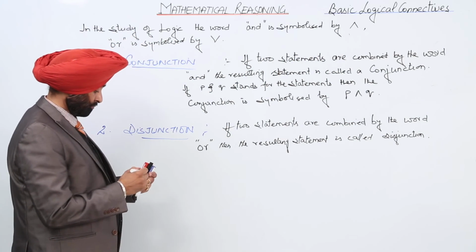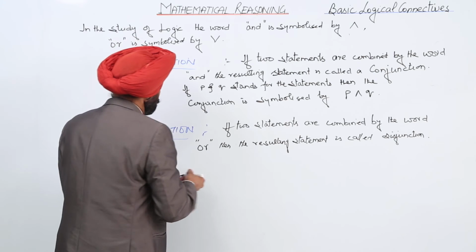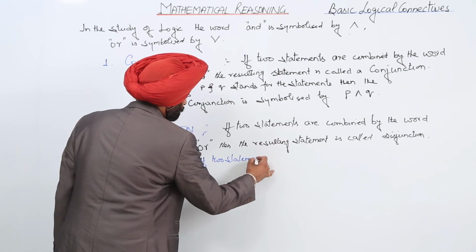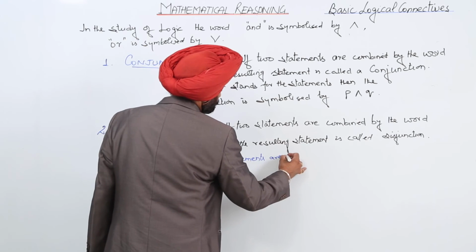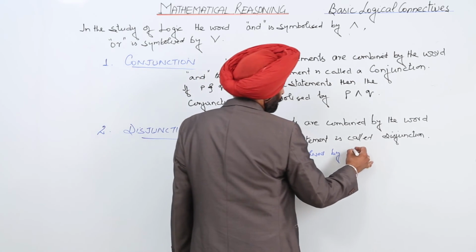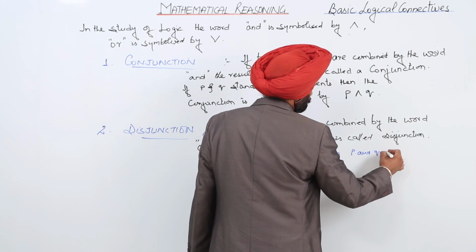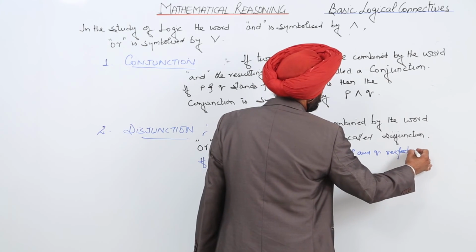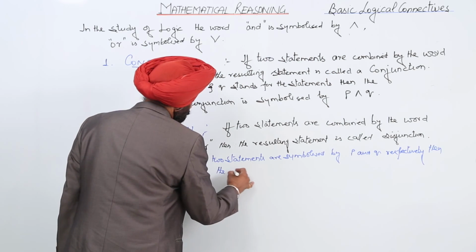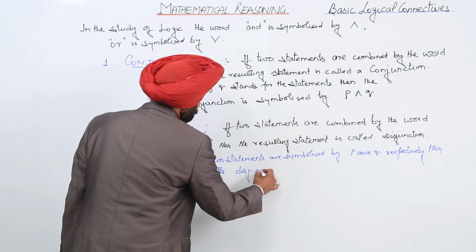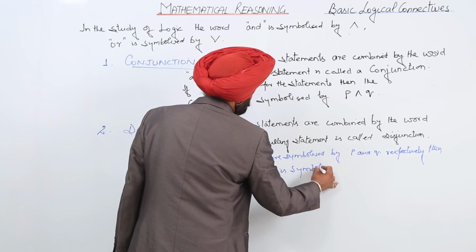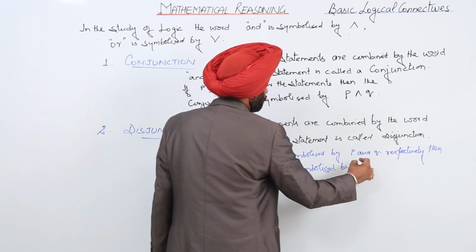Now if two statements are symbolized by P and Q respectively, then the disjunction is symbolized by p ∨ q.